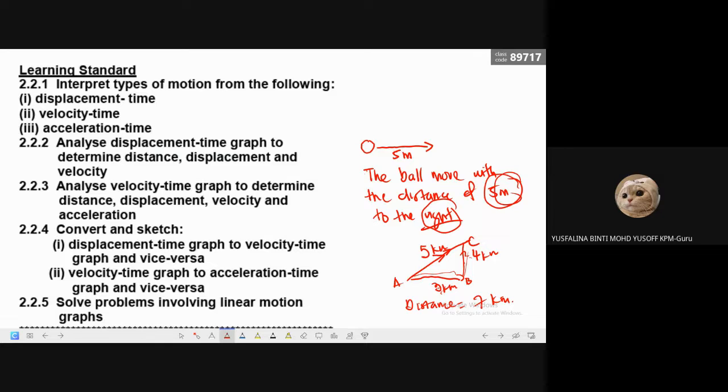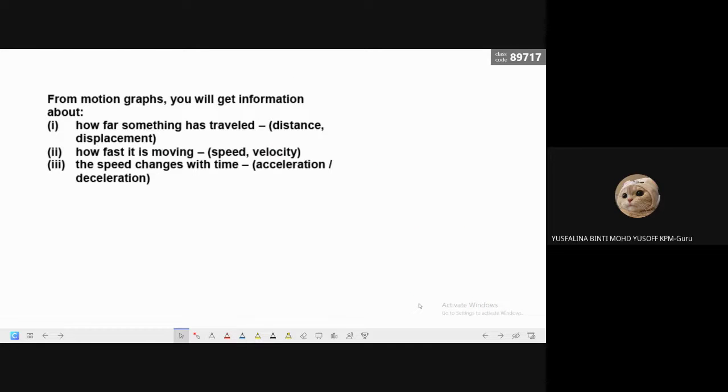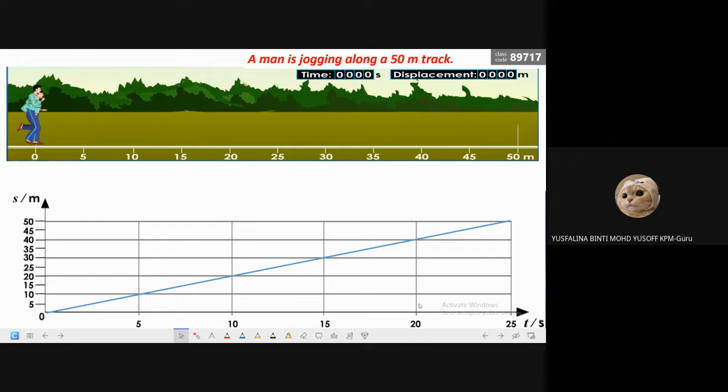Displacement is the shortest distance travelled in a specific direction, while distance means the total length travelled, without direction. For a motion graph, you will get information about how far something has travelled, how fast it is moving, and how the speed changes with time. This one you can draw as a graph. So let's see an example.